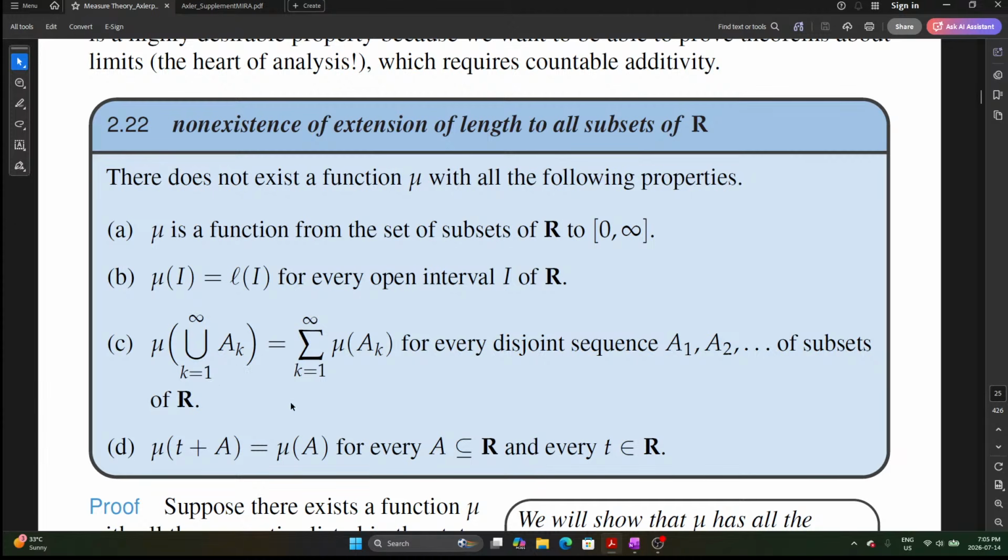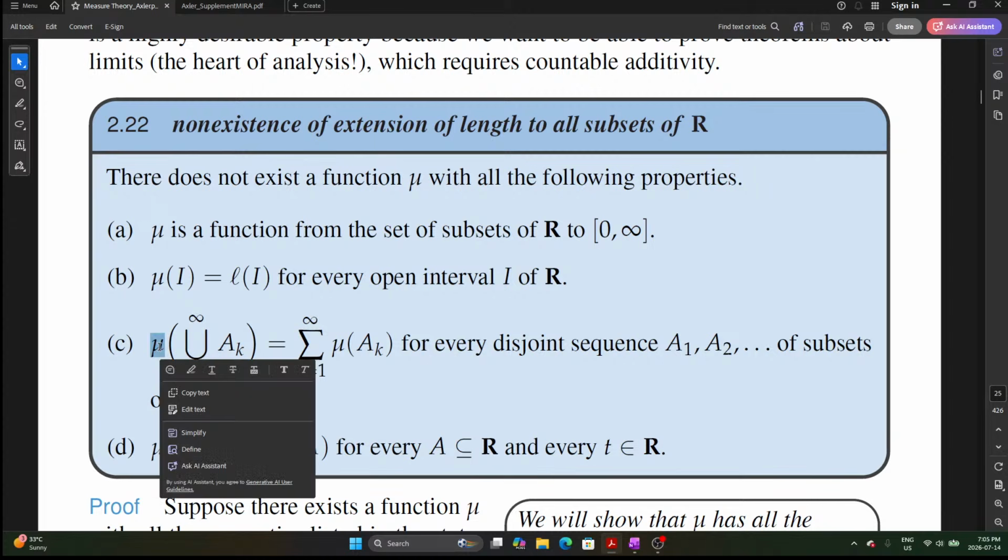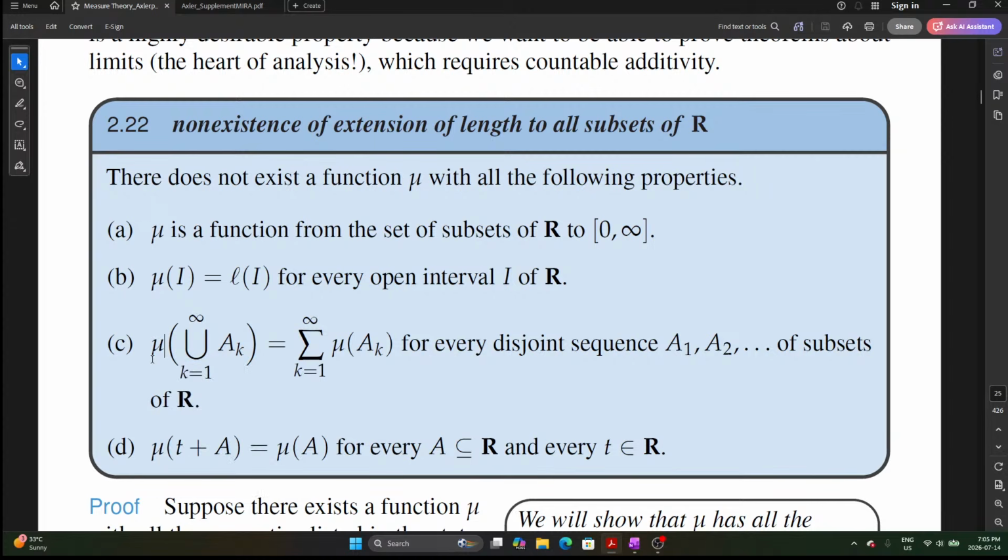C is the additivity, in particular countable additivity. It says if you have a disjoint sequence, this is important, a disjoint sequence A1, A2, and so on, not the outer measure, but the mu value. This is an abstract function. We don't even know what that is, but we want it to satisfy this property: mu of the union of all the AKs is the sum of the mu of AK.